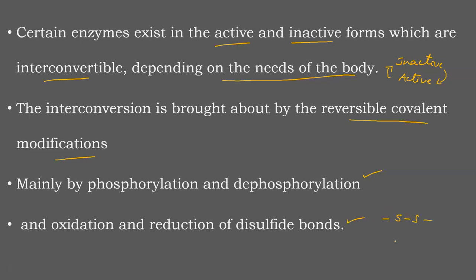So it can undergo the process of reduction where the disulfide bond is broken down and the two polypeptides can be separated. Okay, so phosphorylation and dephosphorylation as well as oxidation and reduction of the disulfide bonds are also examples of reversible covalent modification. Thereby the enzymes can be either in active form or inactive form.